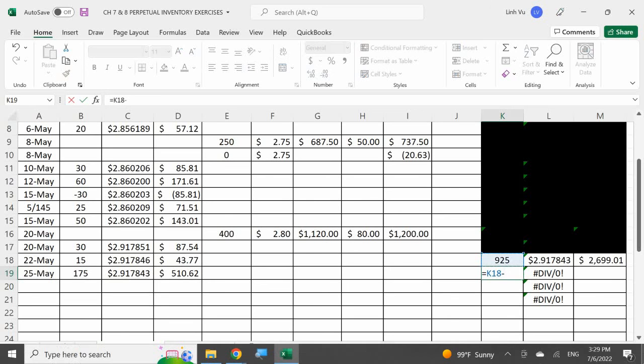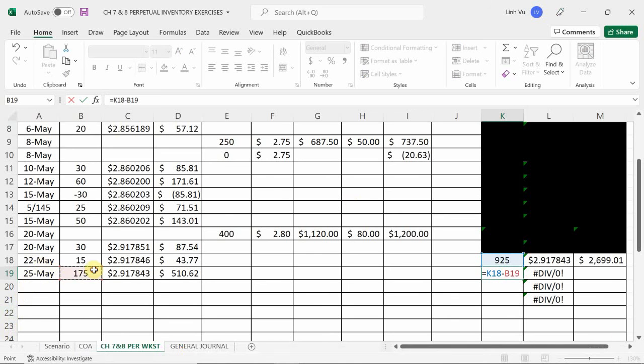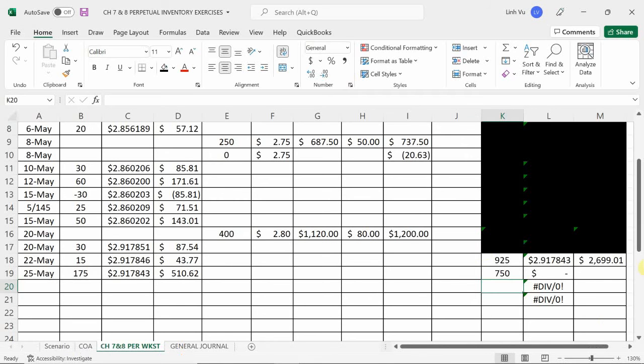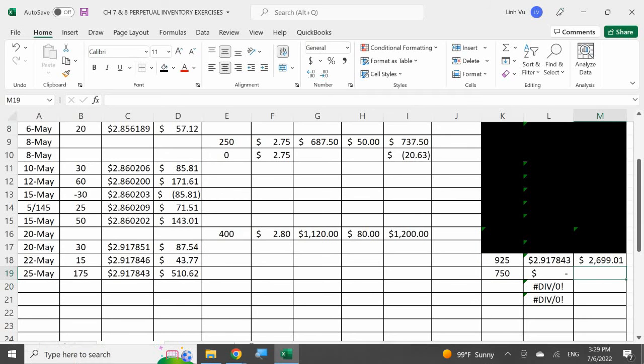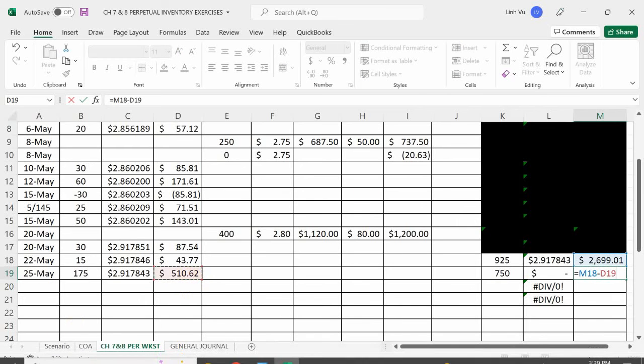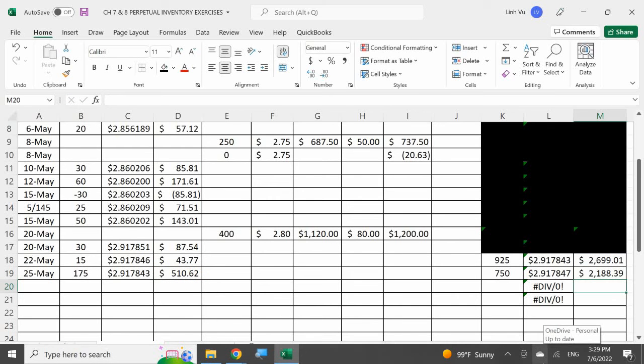I have 925 and sold 175. So I should have a grand total of 750 units. I have to update my total cost here, and that's going to give me 218839.